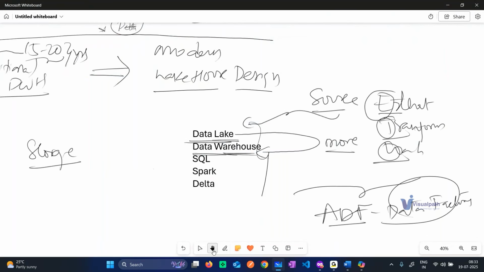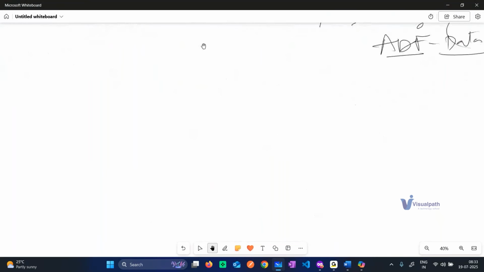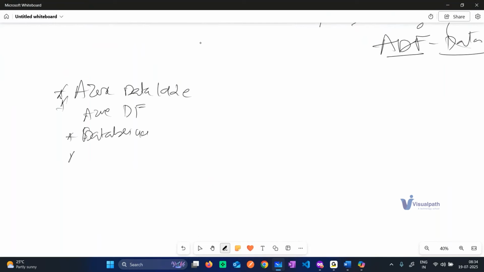If I give a summary of the services we have listed so far: we need Azure Data Lake to store the data. We need Azure Data Factory. We need Databricks to process. We need Synapse. We need SQL programming. We need Spark programming.